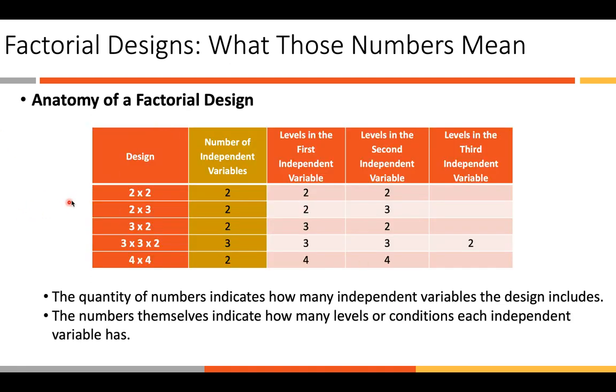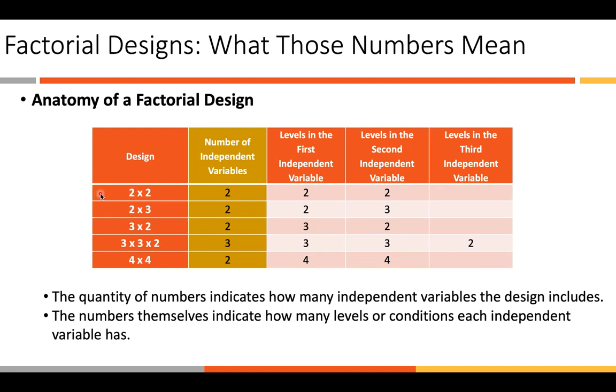So we need to know how to refer to these factorial designs because they can vary. We use this over here on the far left of this. Sorry, it's a little difficult to see my laser pointer because the background is kind of orange. This heading displays the nomenclature that we use for factorial designs.